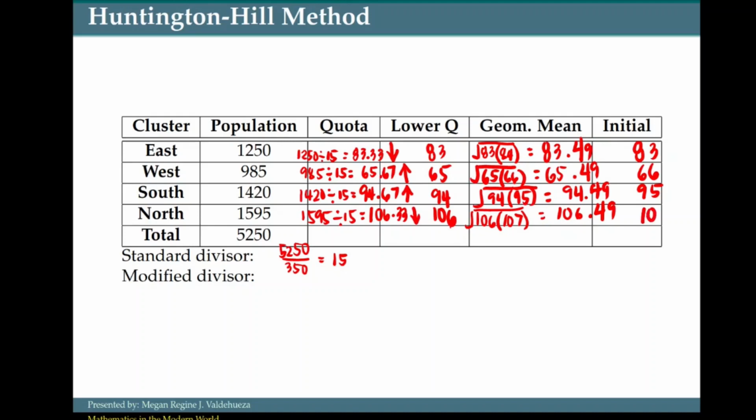So that will give us 106. And if we total this up, 83 plus 66 plus 95 plus 106 will give us 350. And this is the total number of sacks to be apportioned. So the apportionment process is complete.